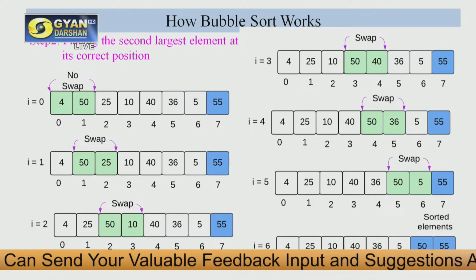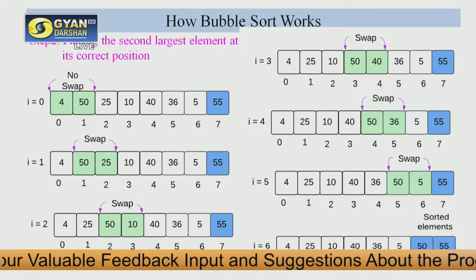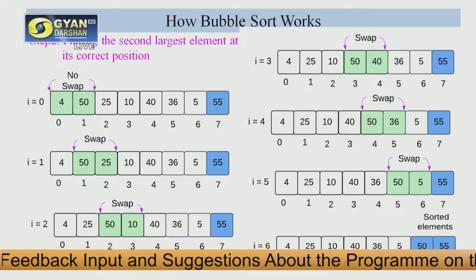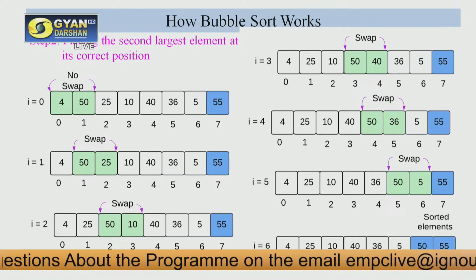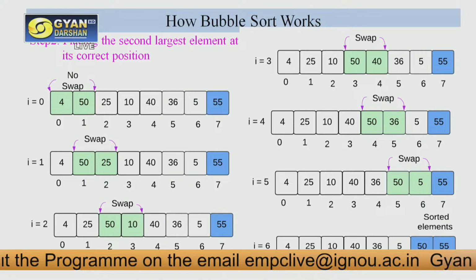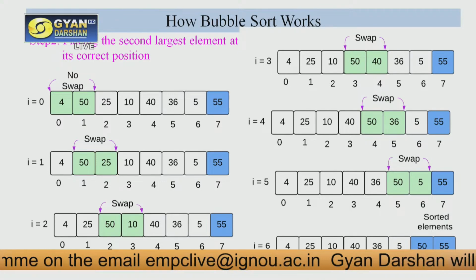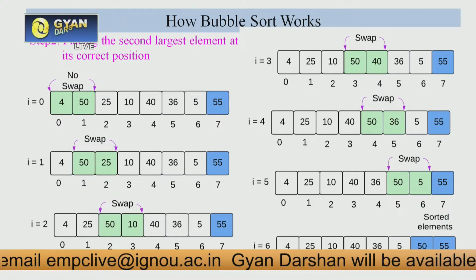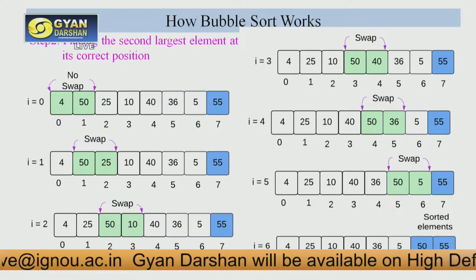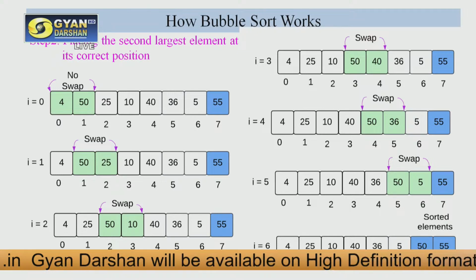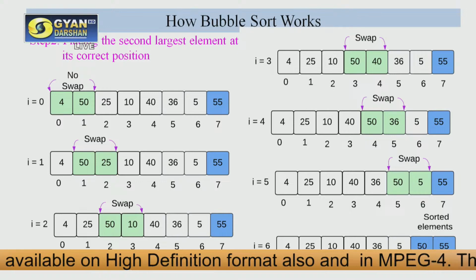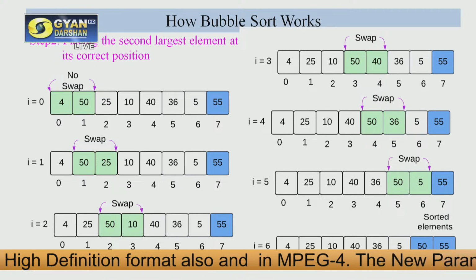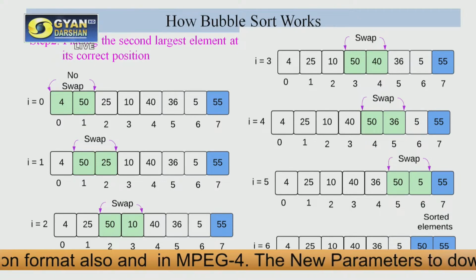So 4 is compared with 50, 4 is smaller, no swapping. Next, two elements are compared, 50 and 25. 50 is greater and 25 is smaller, so both will be swapped; their locations will be interchanged. 25 will be placed at the second position, second location, and 50 will be placed at the third.